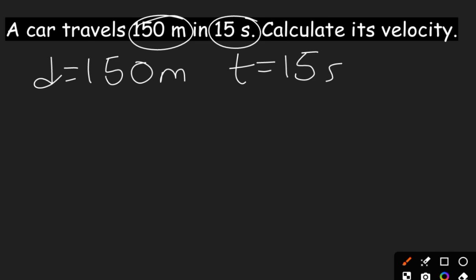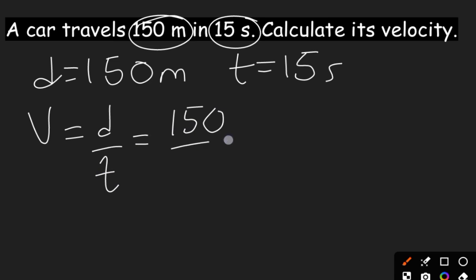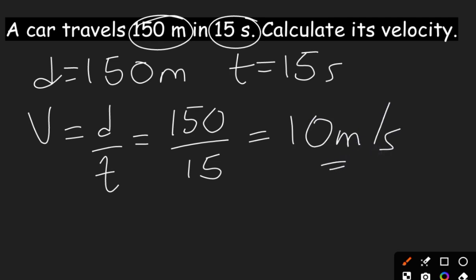So your velocity equals distance over time. So your distance is 150 meters over your time, 15 seconds. So doing your calculation, 150 divided by 15, you're going to have 10 meters per second. That's your answer.